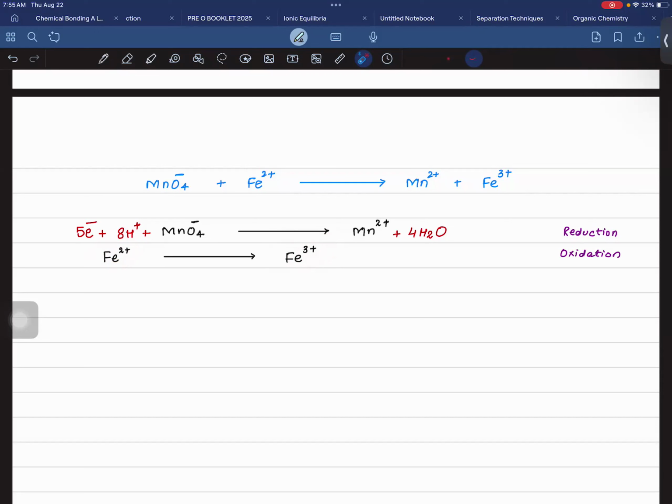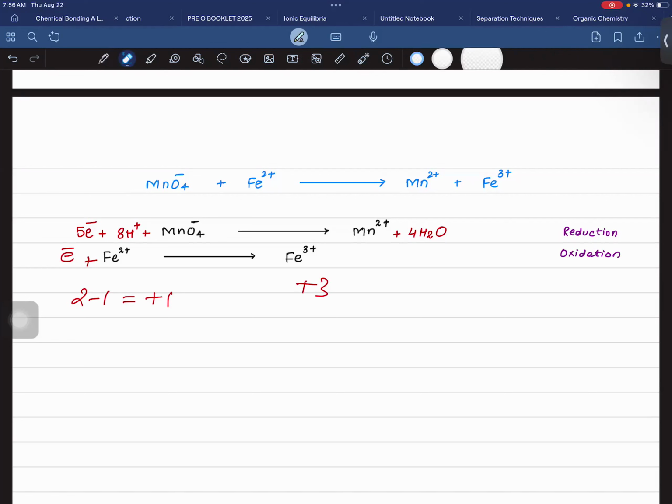Left. Left means that if I add 1 electron, this would be 2 minus 1 is equal to +1. Oh, this is +3. Maria, can you tell me, is this right or wrong? Maria is saying right. Tala, can you confirm, please? Am I supposed to add electron on the right-hand side or the left-hand side?